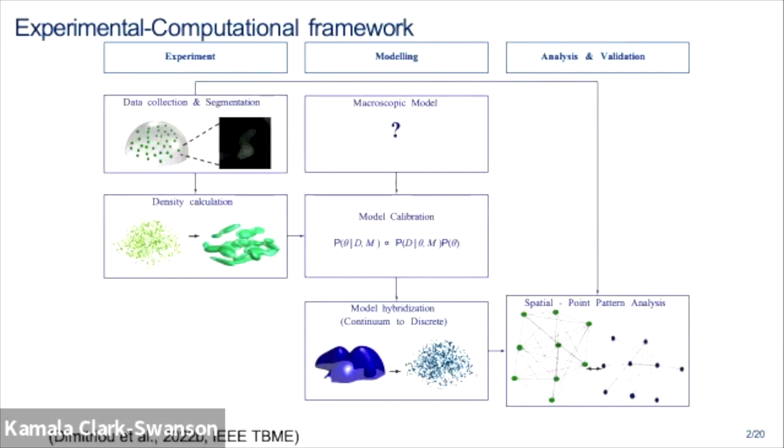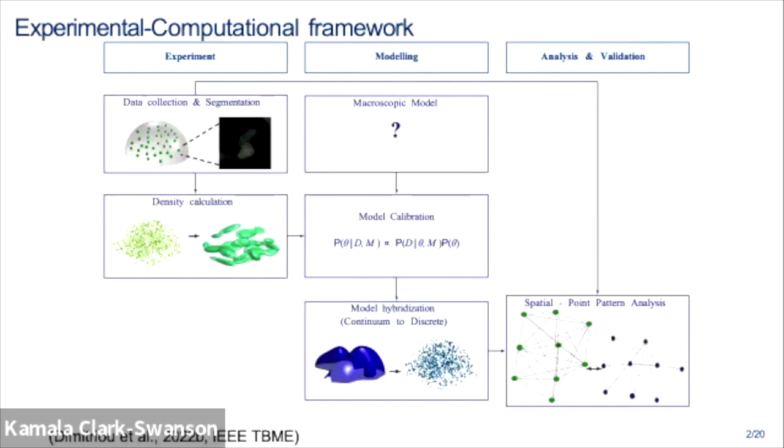We segment each cell individually, and then we convert the 3D cell coordinates into density profiles. And we use these profiles to calibrate our continuum model using Bayesian inference. Then we take the calibrated model, hybridize it, and convert it into a cellular automaton, and we perform spatial analysis, and we compare the in silico 3D coordinates that we see here with the in vitro ones.